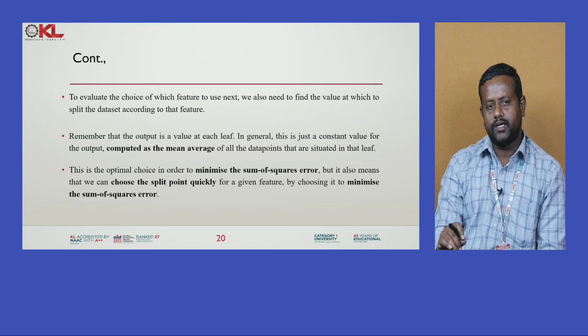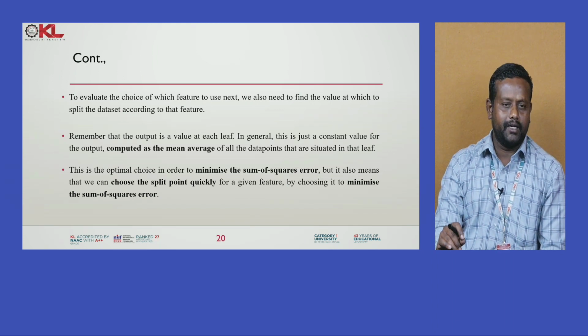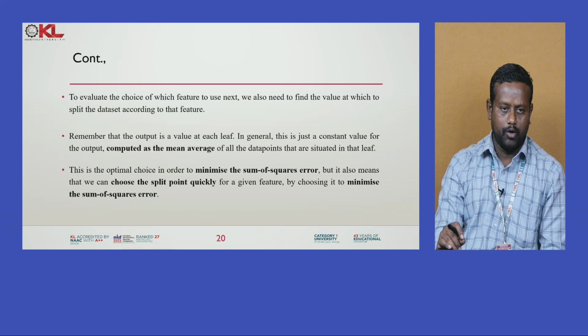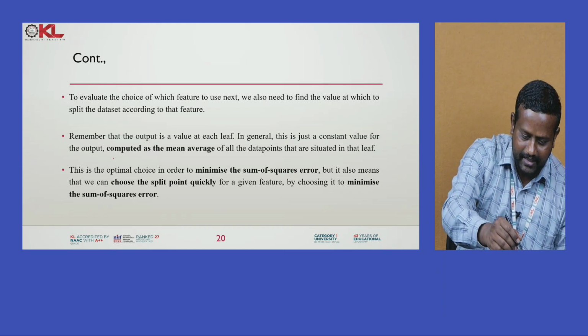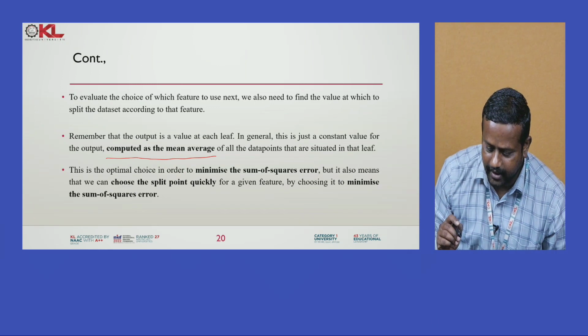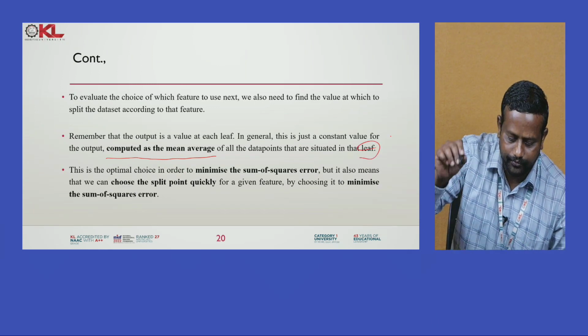To evaluate the choice of which feature to use next, we also need to find the value at which to split the data set according to that feature. Remember that the output is a value at each leaf. In general, this is just a constant value, computed as the mean of all the data points that fall in the particular leaf.